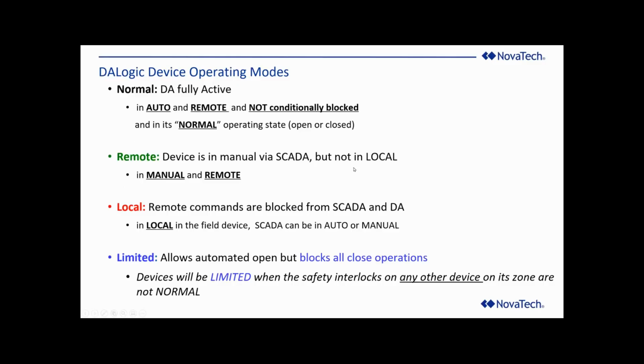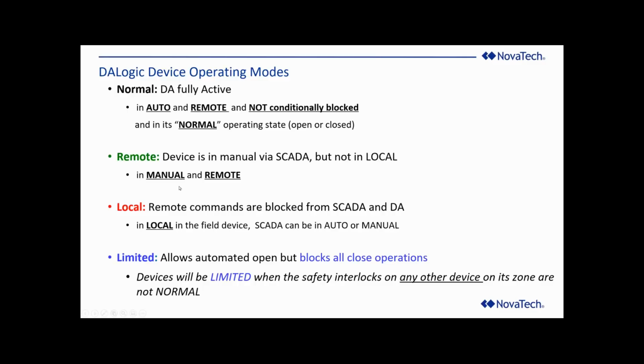Using those safety interlocks in combination, it defines what the device operating mode is. A device is fully normal if it is in auto and remote, not blocked by the programmable blocking, and it's in its normal operating state.